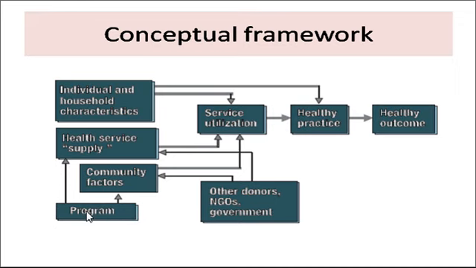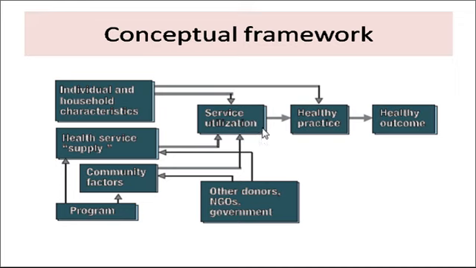Obviously a program is trying to influence the health service supply. So see this arrow here, it is trying to influence the health service supply. When it improves the health service supply, what happens? There is better service utilization. So the health services are utilized better by people.